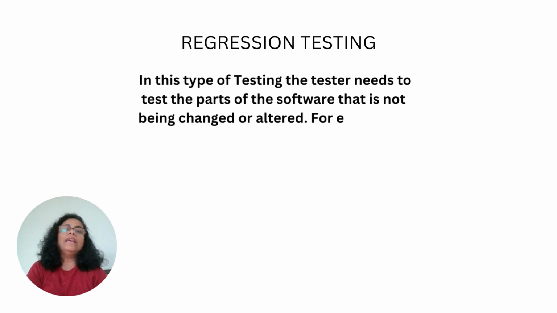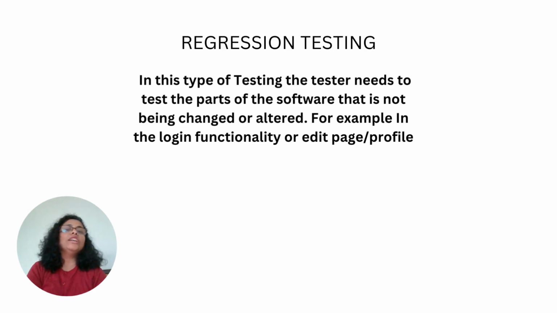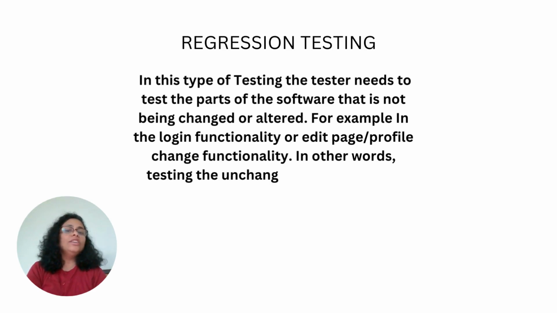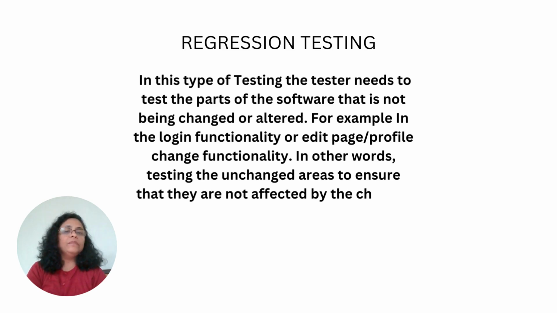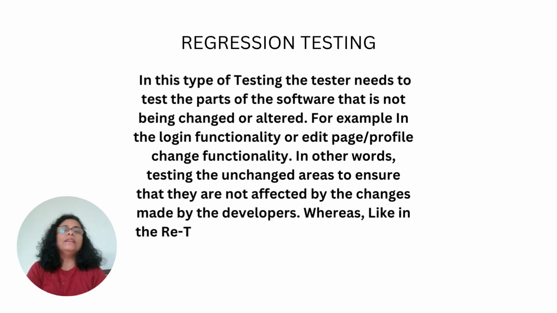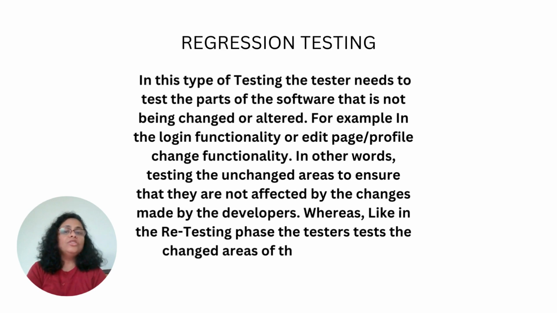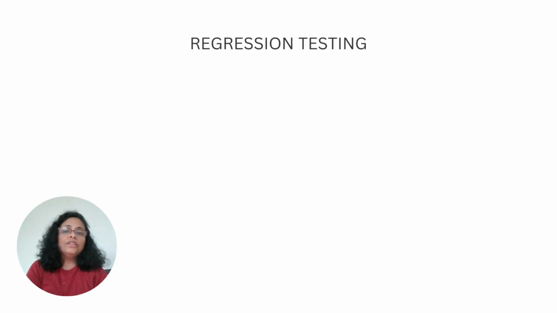For example, the login functionality or edit page or profile change functionality. In other words, testing the unchanged areas to ensure that they are not affected by the changes made by the developers. Whereas in the retesting phase, the tester tests the changed areas of the software for debugging.